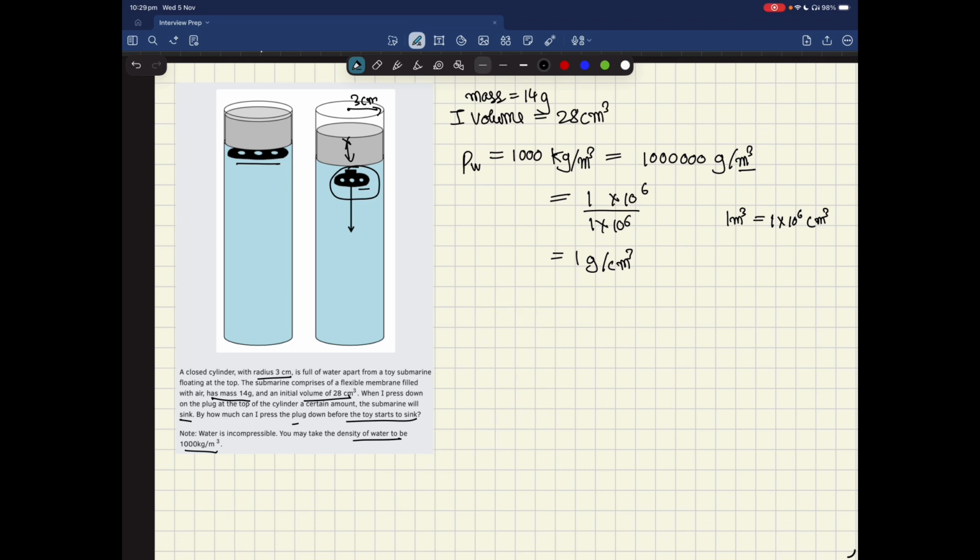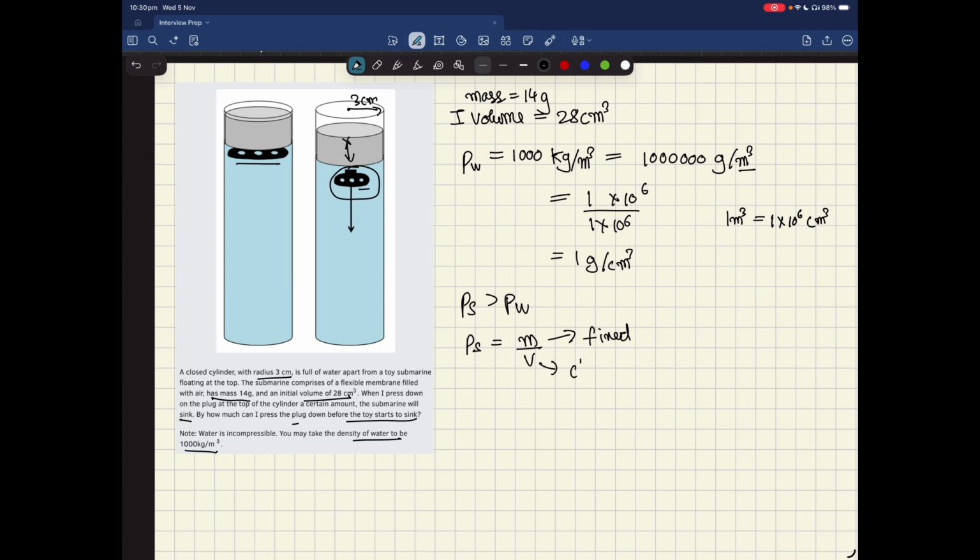So for it to sink, we know that the density of the submarine would have to be greater than the density of the water because of Archimedes' principle. So we can say that density of the submarine equals mass over the volume. The mass remains fixed and it doesn't change.